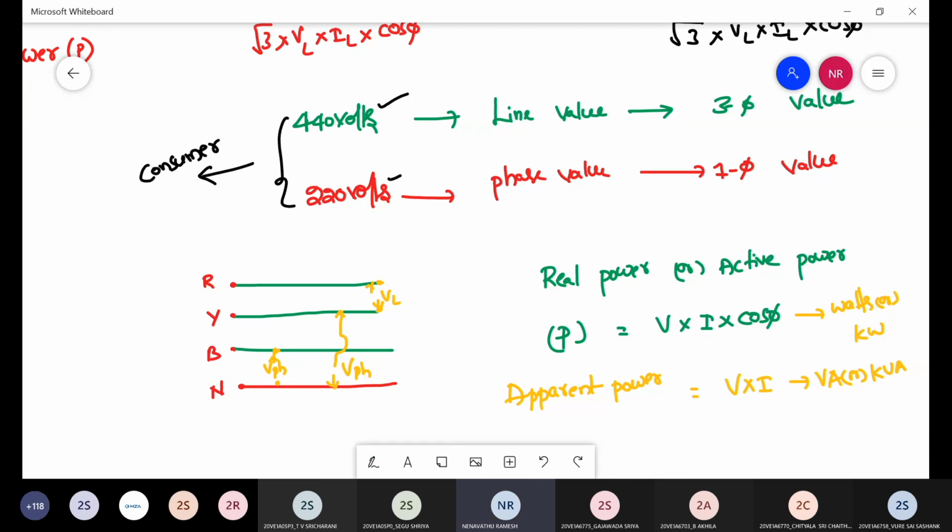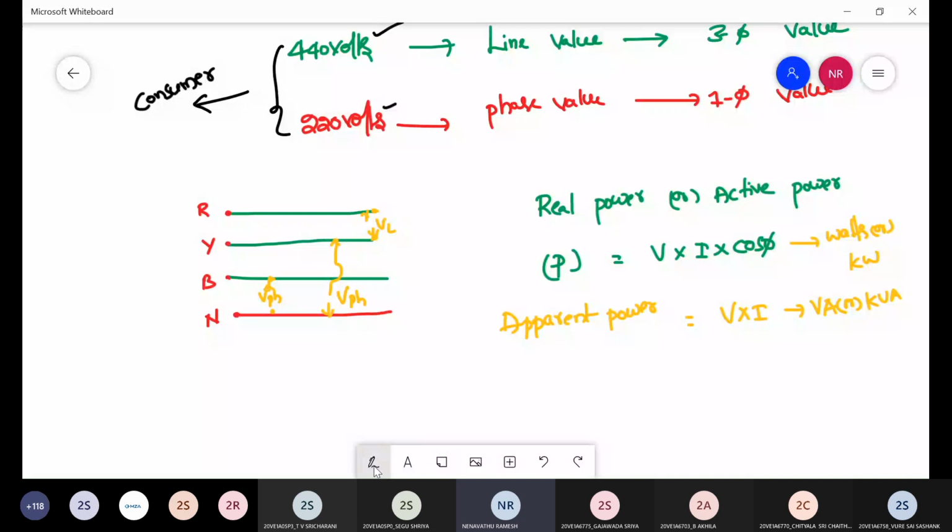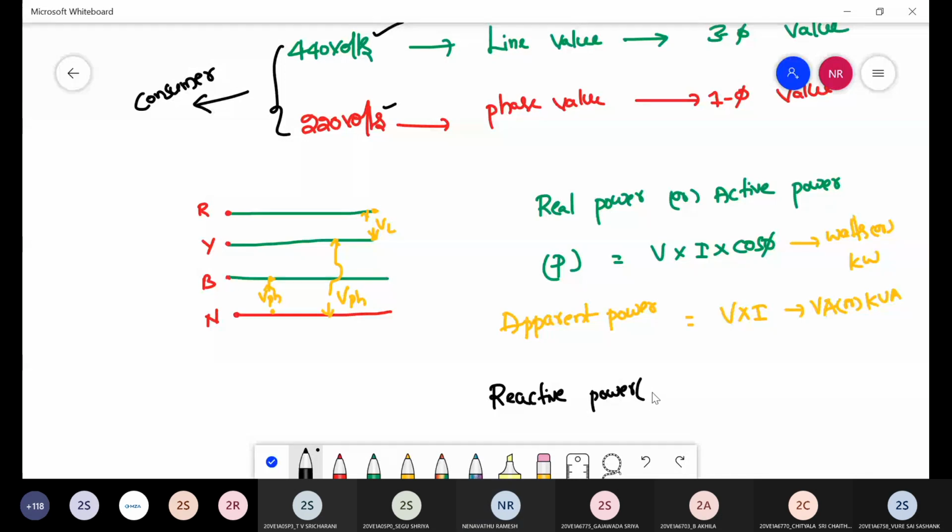Right? Another power is there, that is reactive power. Reactive power we sometimes denote with Q. Apparent power we denote with S. Reactive power is V into I into sin phi.